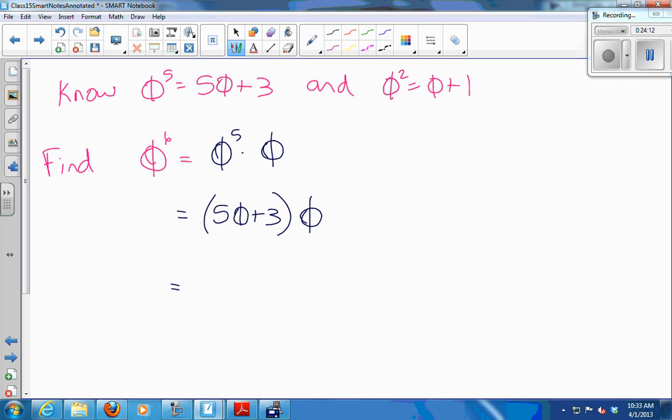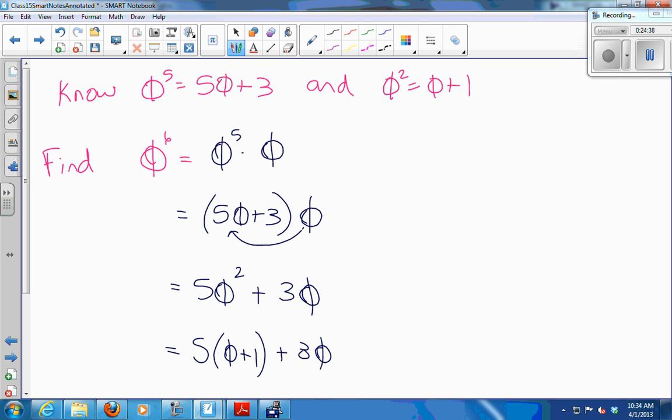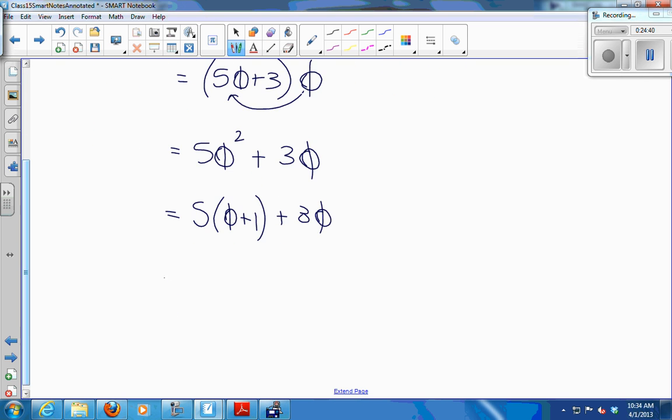Distribute your phi to the parentheses. 5 phi times phi is 5 phi squared, and 3 times phi is 3 phi. Okay, but phi squared, what does that equal? Phi plus 1, so I make another substitution, 5 times phi plus 1 instead of 5 times phi squared, plus 3 phi. Distribute the 5 to your parentheses.